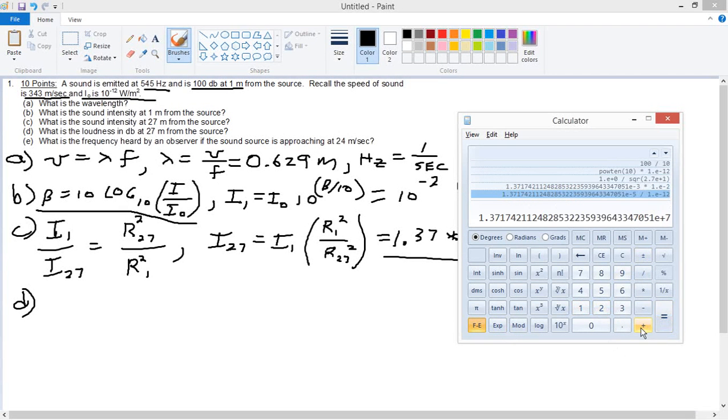Take the log base 10 of this. There it is. And multiply it by 10. So it should be 71.4 decibels. And yeah, 71.4 decibels.